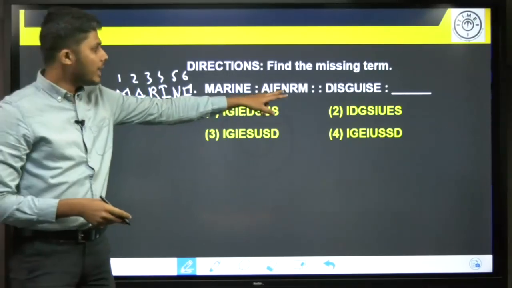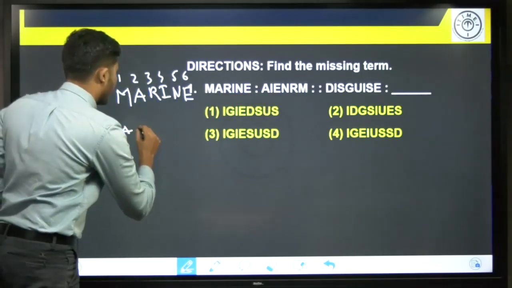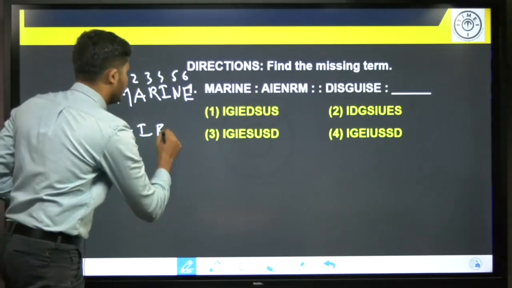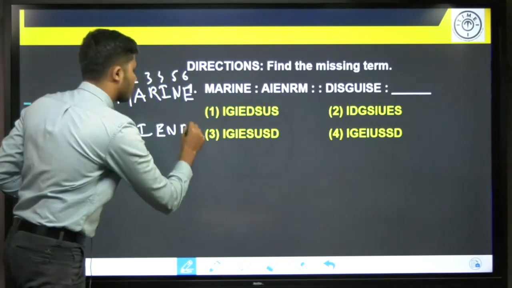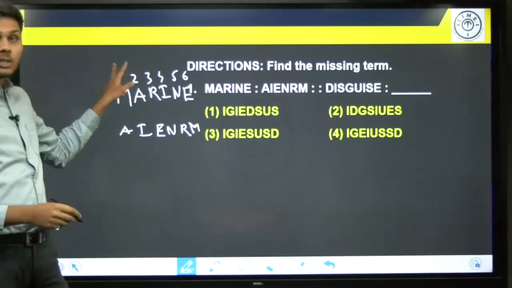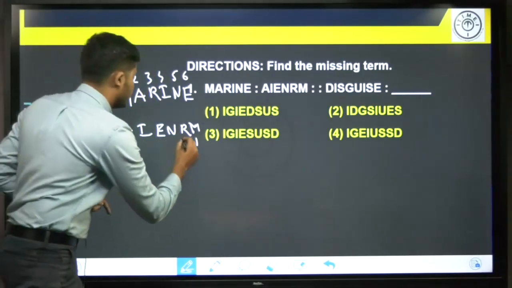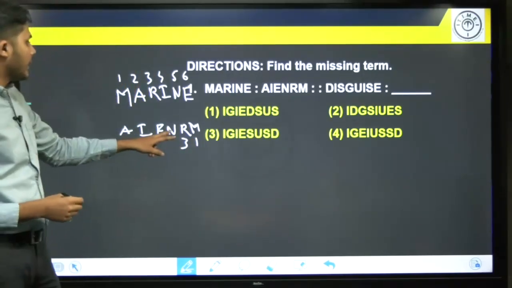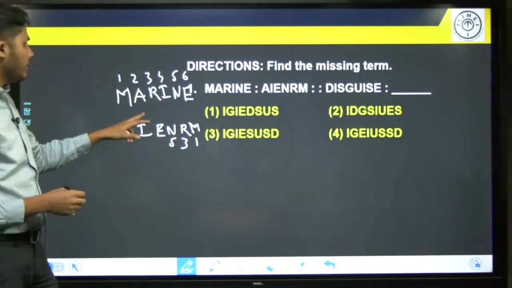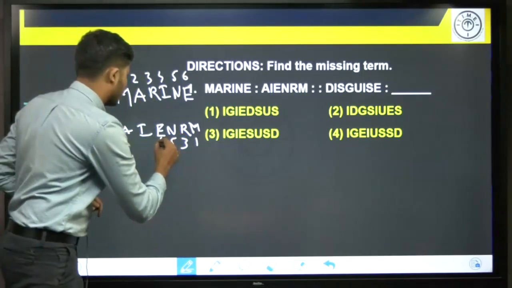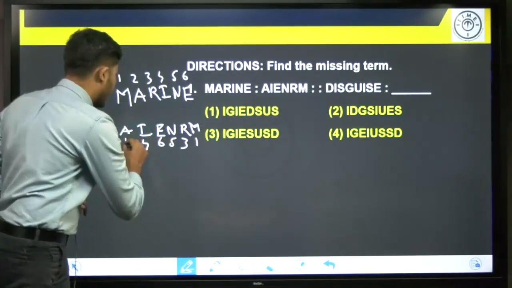Here we can see E N R M. Here M which is the first, R which is the third, and N which is the fifth, E which is sixth, I which is fourth, and A is 1.